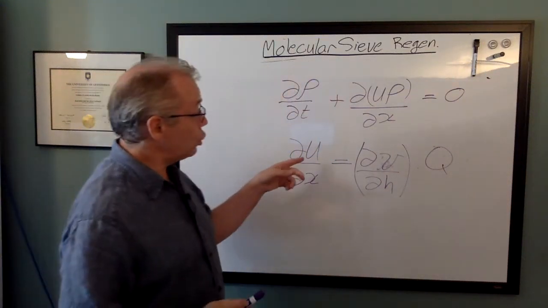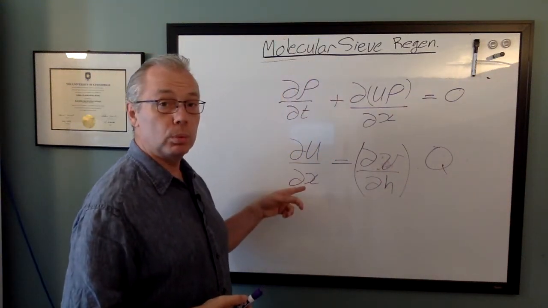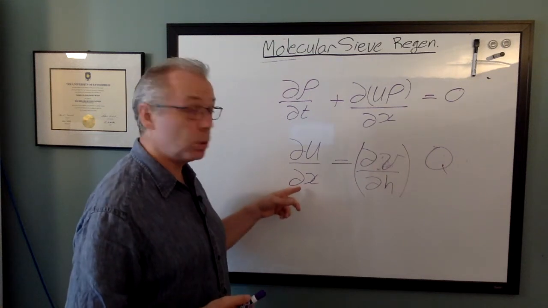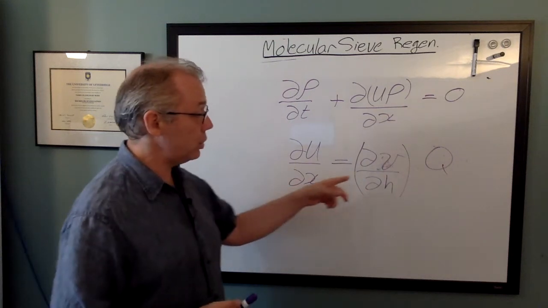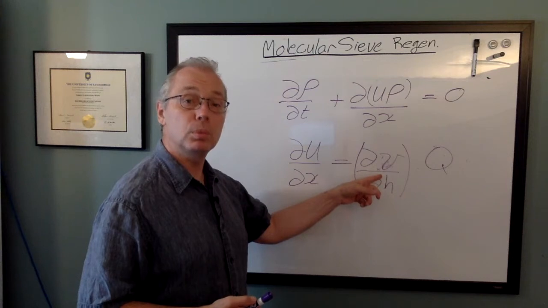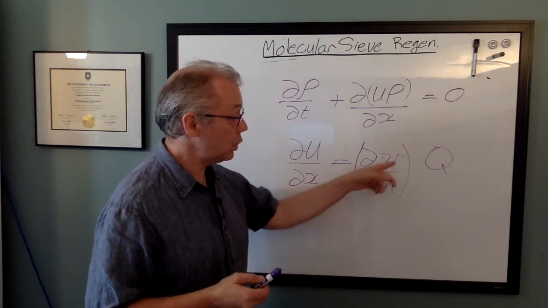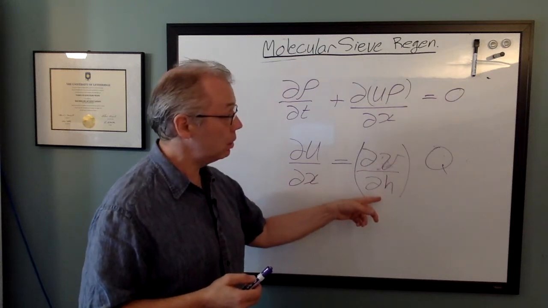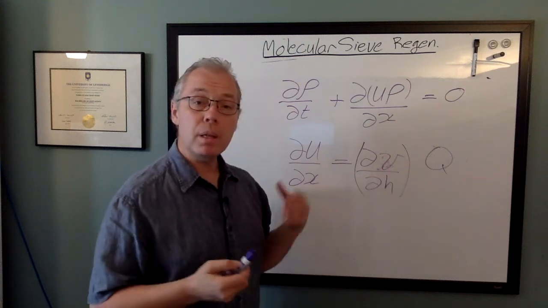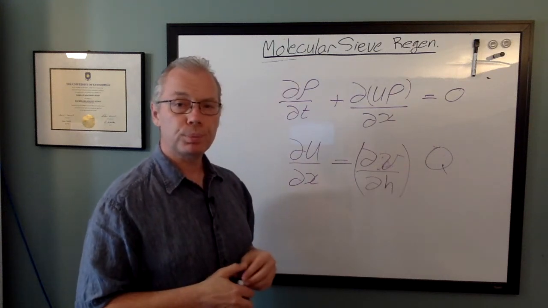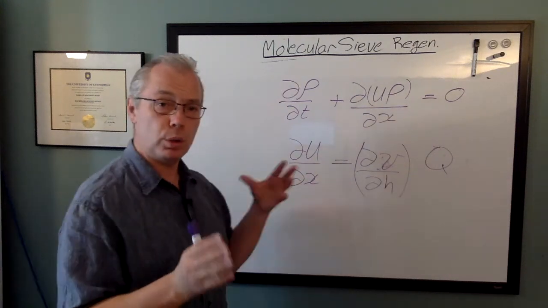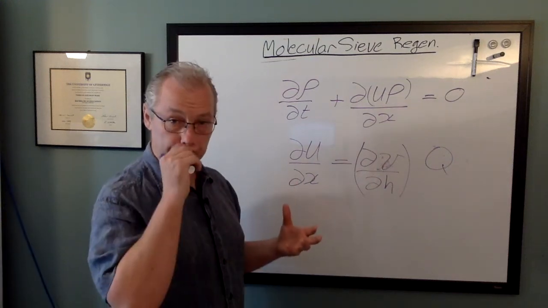This says that the change in volumetric flow across the distance or volume of our domain is equal to the slope of our equation of state, the change in volume per change in enthalpy, multiplied by the heat flux that we've absorbed. And go through the derivation to convince yourself that this is correct.